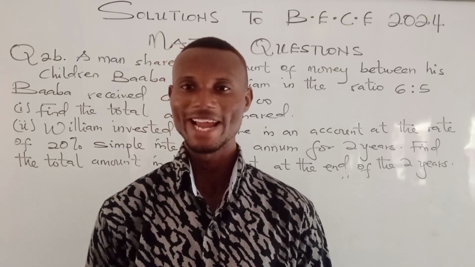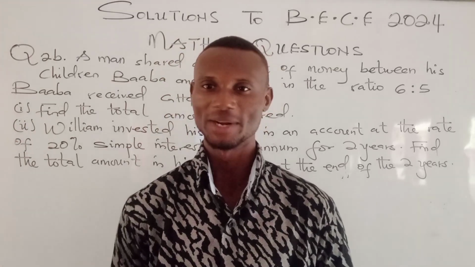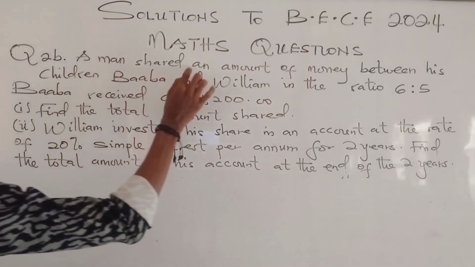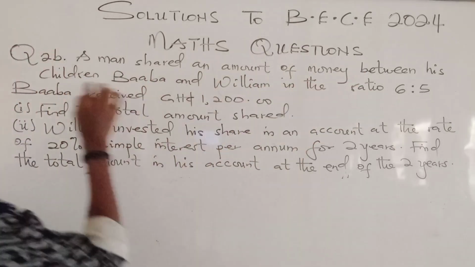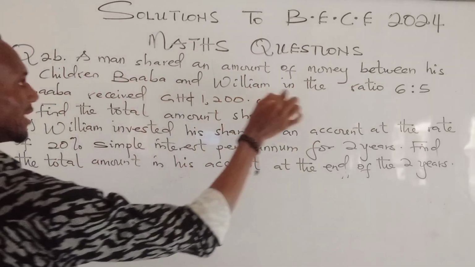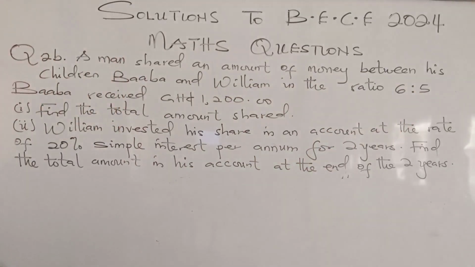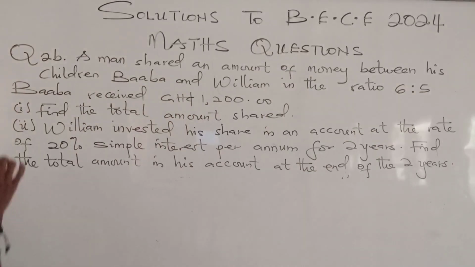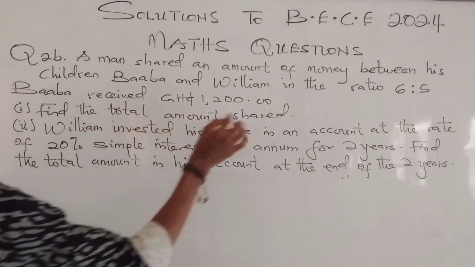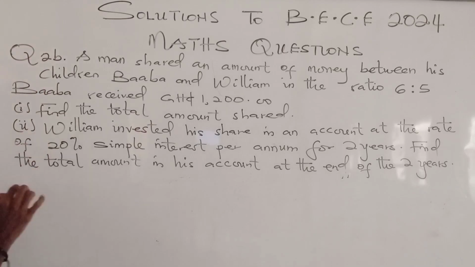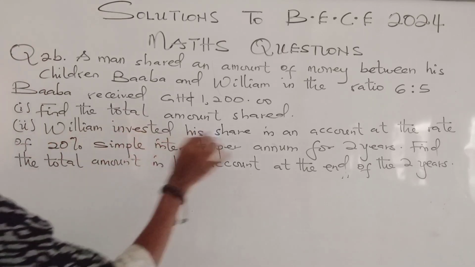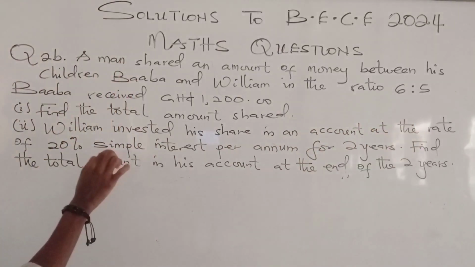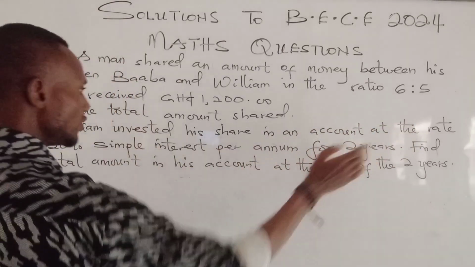So let's go ahead and read the question that I have on the board. It says that a man shared an amount of money between his children, Baba and William, in the ratio 6:5. Baba received 1,200 Ghana cedis. (i) Find the total amount shared. (ii) William invested his share in an account at the rate of 20% simple interest per annum for 2 years.